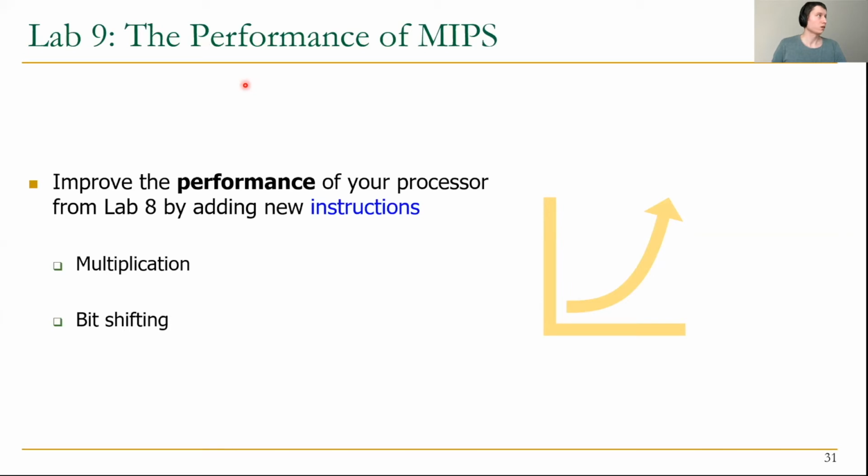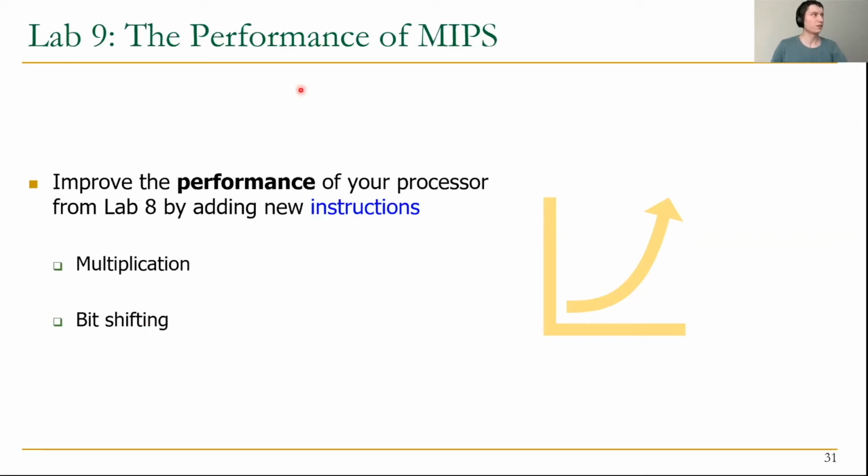Lab 9. In lab 9, we will measure the performance of the processor that we have implemented and also improve its performance by adding new instructions. Previously, the processors that we will have until lab 8 will not have these two operations, multiplication and bit shifting. Instead, we will be doing those operations using other instructions.